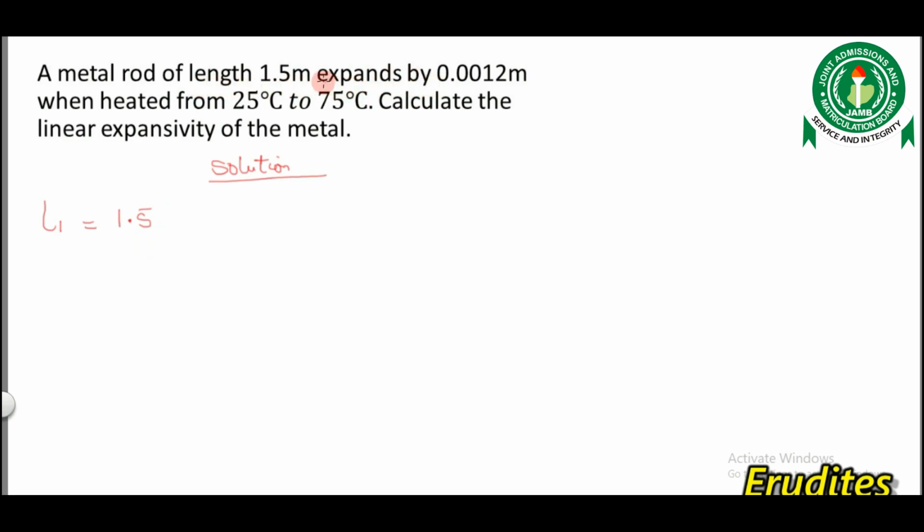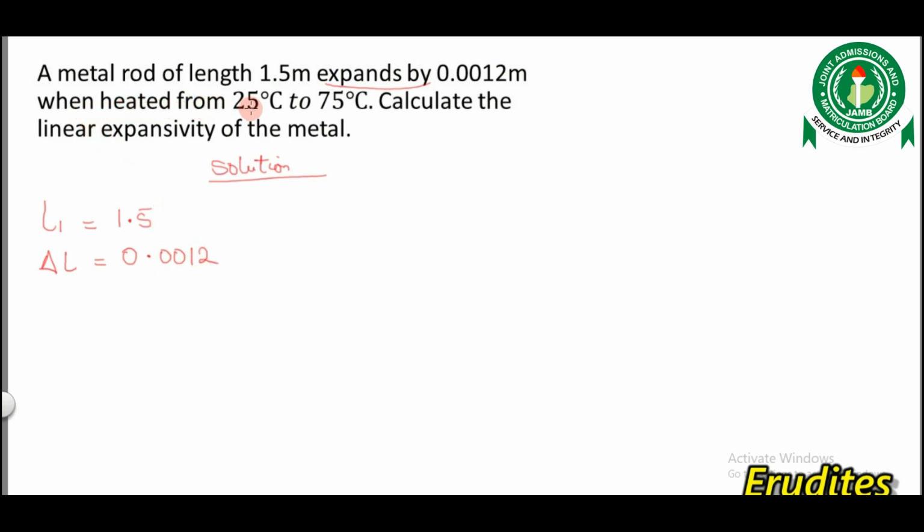Expands by. Like I said before, when something expands by, that becomes your change in length. Here the length expands by, so my delta L, my change in length, is equal to 0.0012 meters.